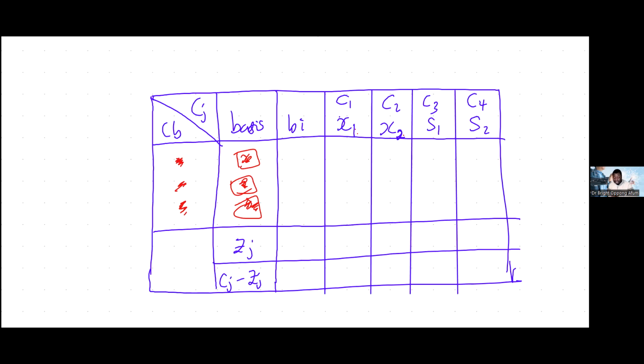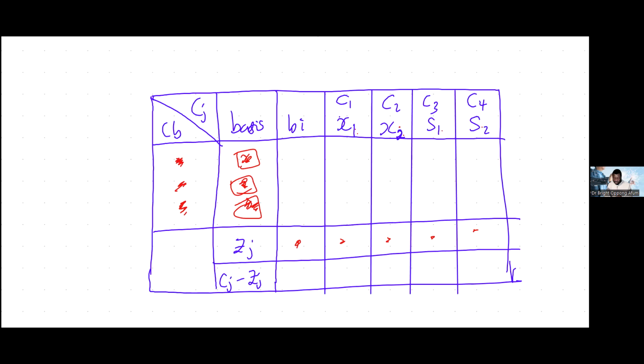Now the ZJ is the decrease in profit associated with the production of 1 unit of each variable. So as we produce a variable, we use several costs to produce a variable. So the values that will be written here correspond to the decrease in profits associated with the decision variables, right?